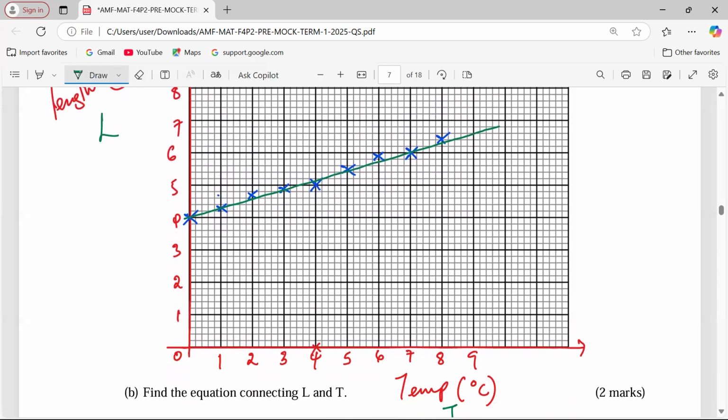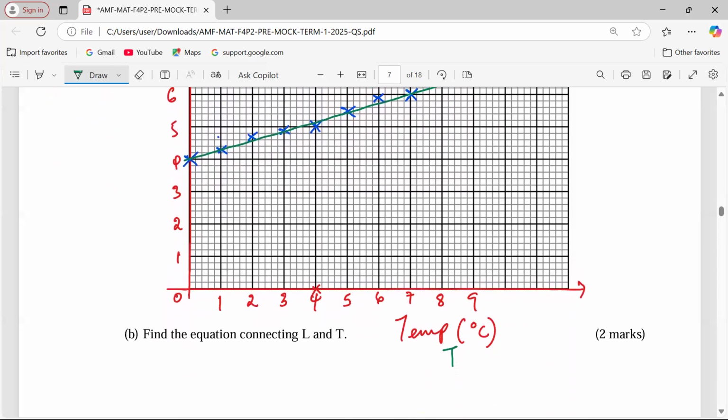Because L is on the y-axis and we have plotted a straight line, y equals mx plus c. We usually say that y is the quantity plotted on the y-axis. So we will have L equals m, and the value on the x-axis is T, plus c.